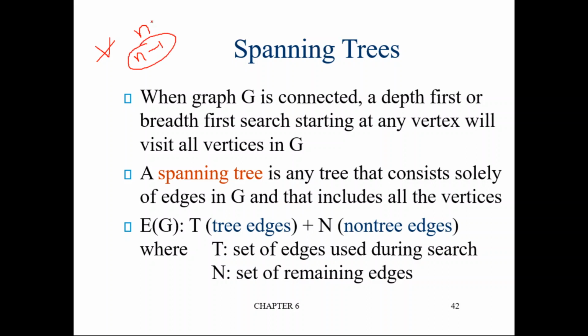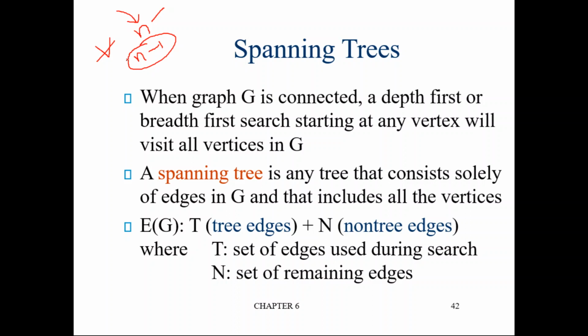You need a minimum of n minus 1 edges to create a spanning tree. To construct a spanning tree for a graph with n vertices, we need n minus 1 edges. It should not be less than that, and it should not be greater than that.